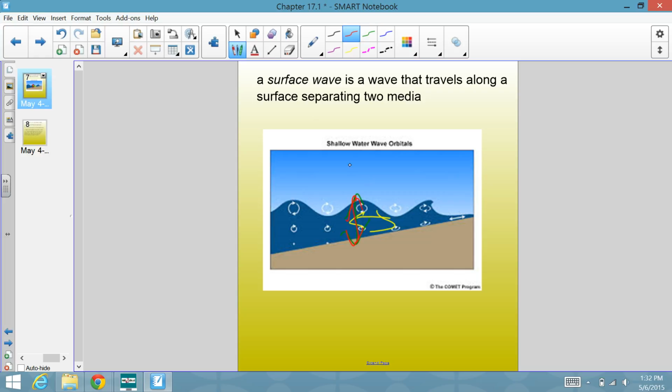And so an object that is sitting in a material that has surface waves running through it will actually move in a circle. It will first move to the side and then be pushed up, and then it will be pushed back in the opposite direction and down, and it will bob in a circle. So it's kind of a combination of the two other kinds of mechanical waves.